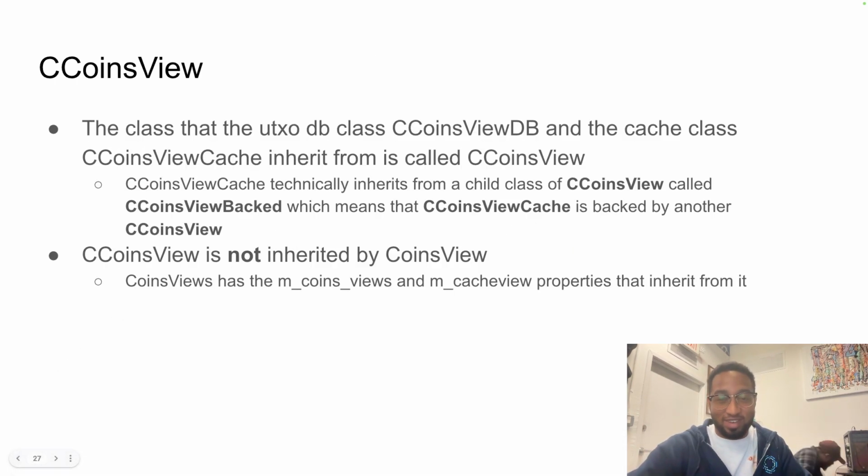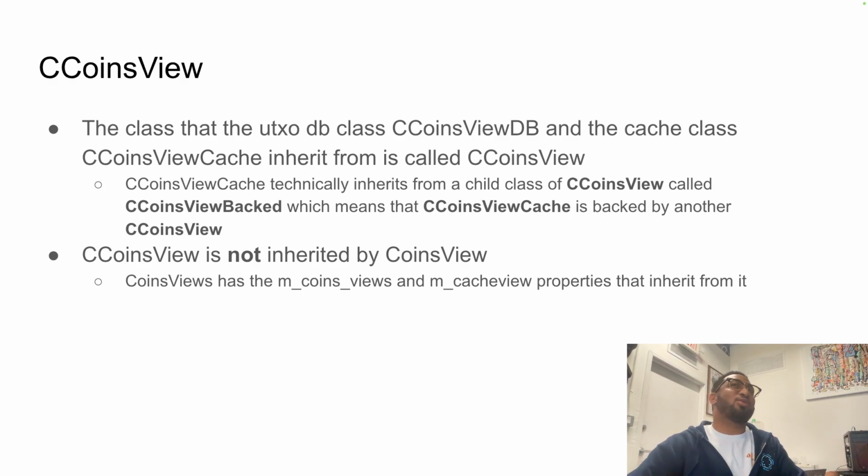What do you think is the purpose of having a base class like CCoinsView in the context of UTXO management? So it's got to be so you can keep track of these attributes which are passing. I don't know.